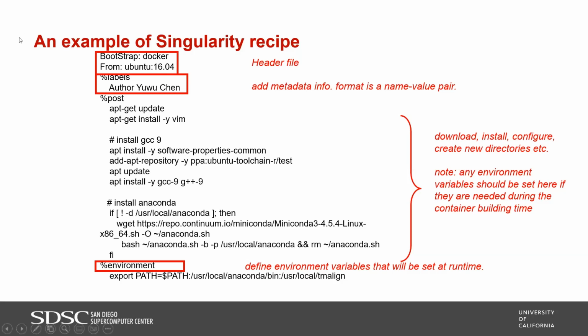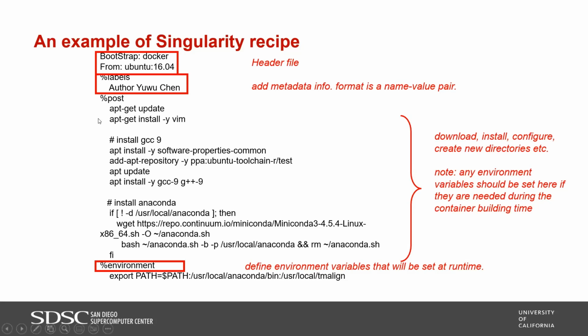You use that, but you just define where to get the pre-built images and what the name of the software and the tag are in the header, and then Singularity knows where to look for those pre-built images.